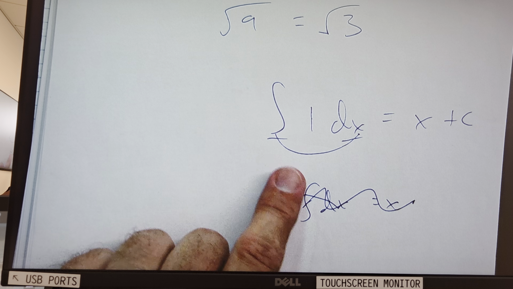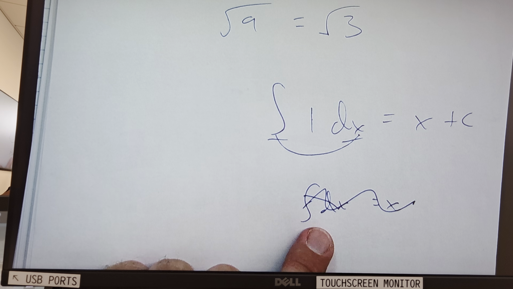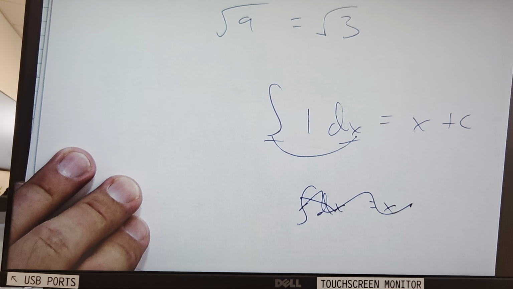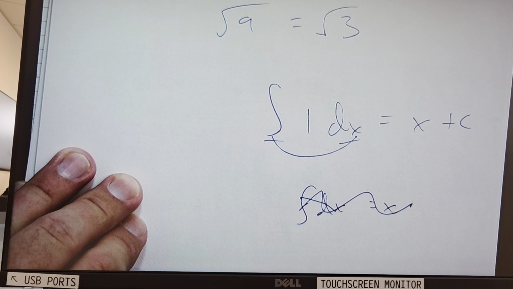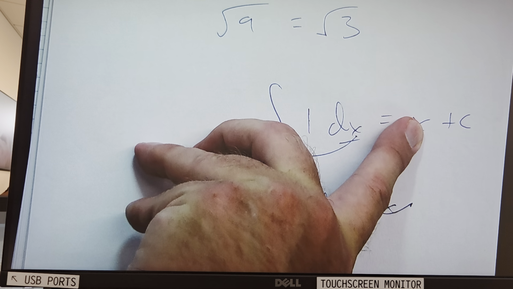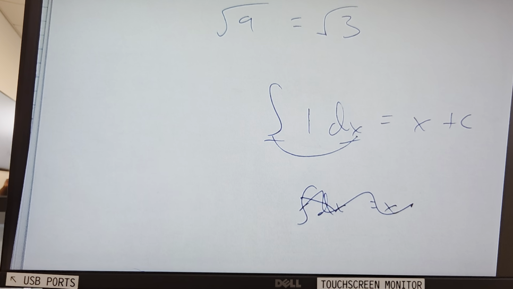Understood. But this is actually what's happening. This way you have to be careful about extending the idea. I've always liked to think of it as x to the 0. Totally. There's no x's, so the antiderivative must have had an x, because the derivative loses an x. Okay, good. I like it.